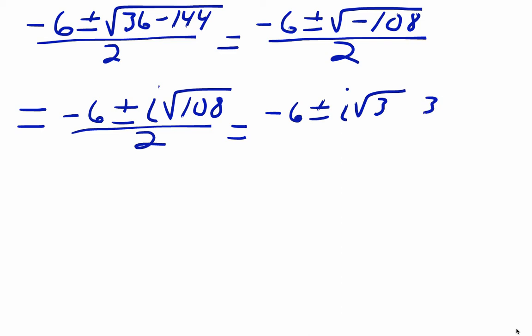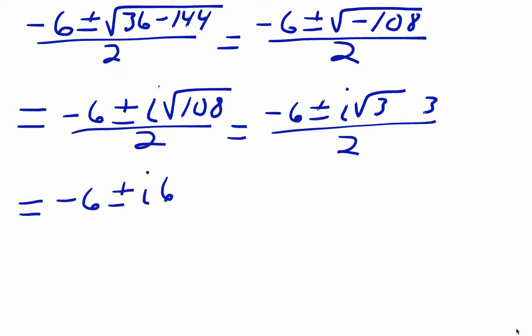So I found the factors of 108, and then I separate them there, all over 2. So then I have negative 6 plus or minus i times the square root of 36, which is 6, times the square root of 3, all over 2.